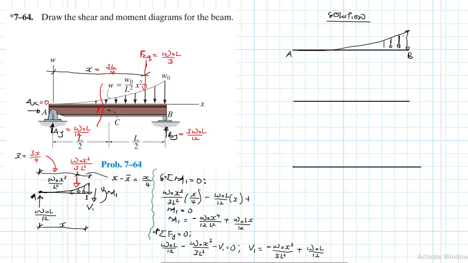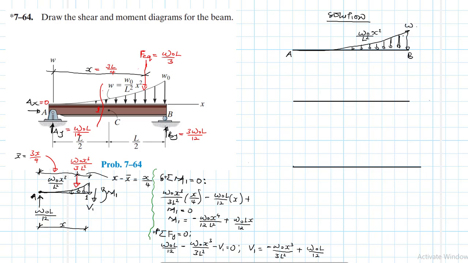It's parabolic loading, right? Of course, it's w naught x squared divided by L squared.